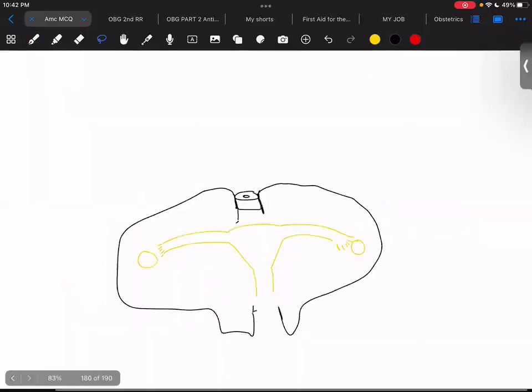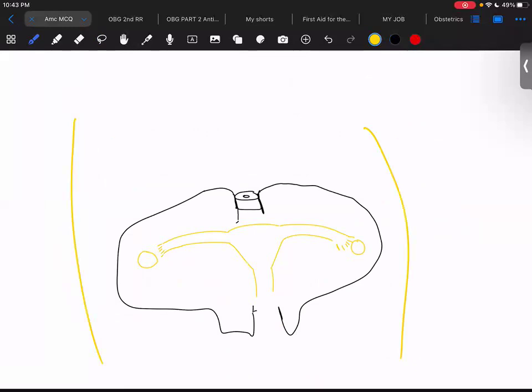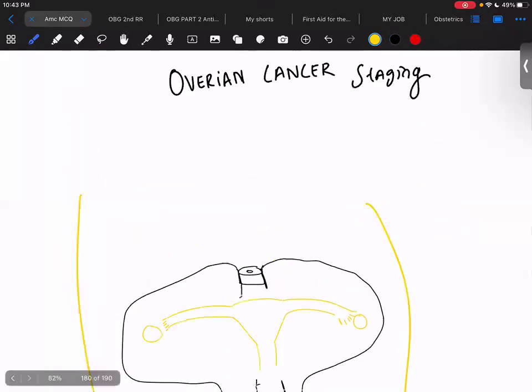This is the outer skin. This part is a landmark for the abdomen.